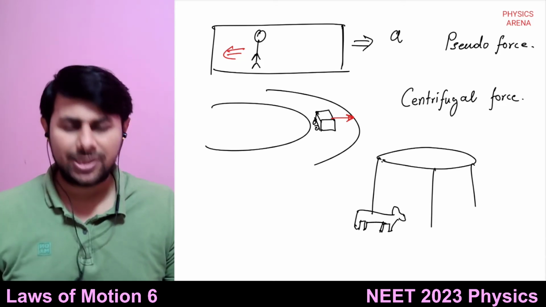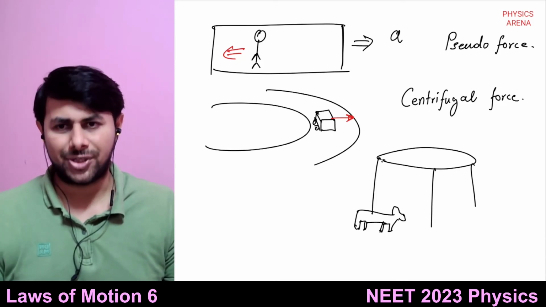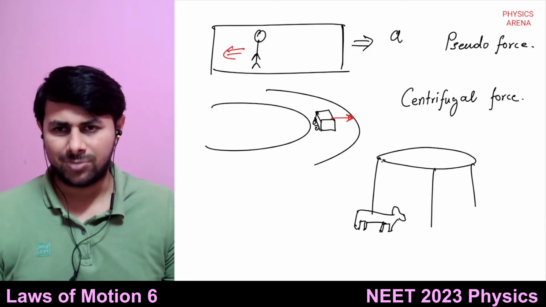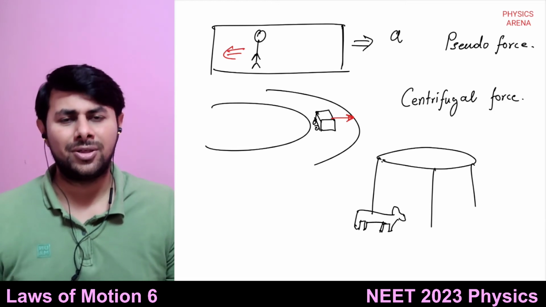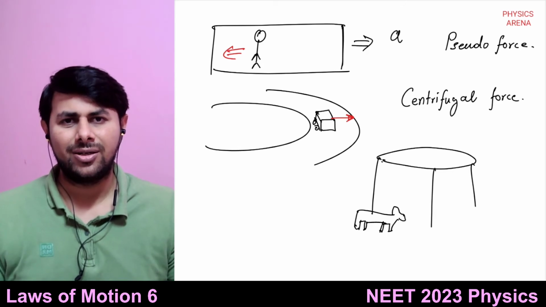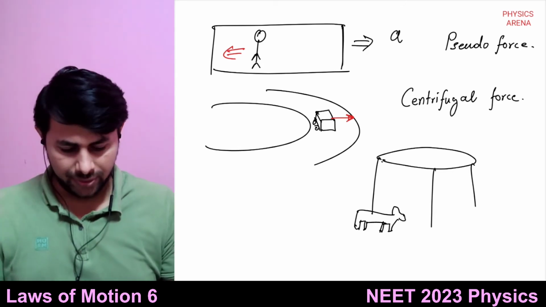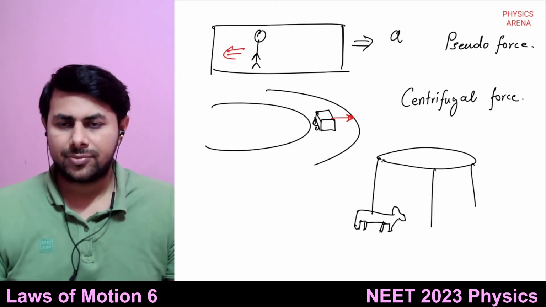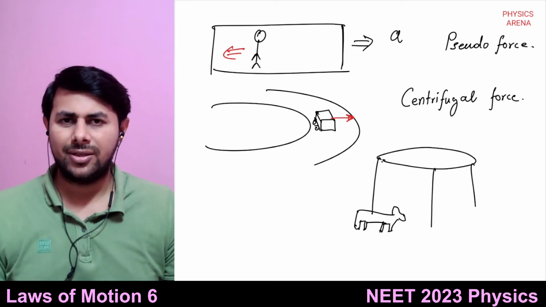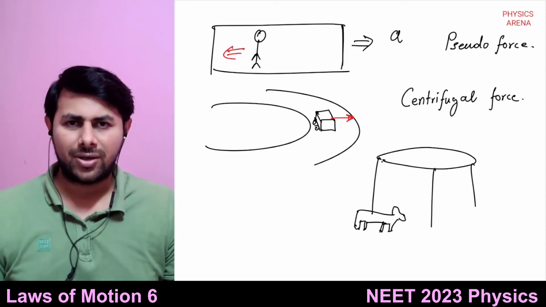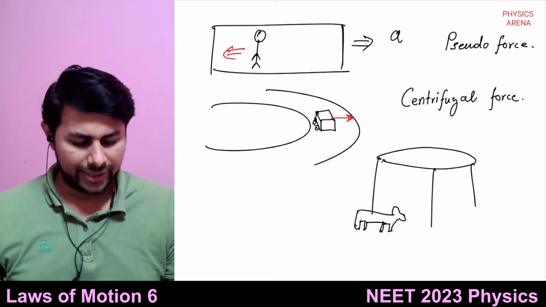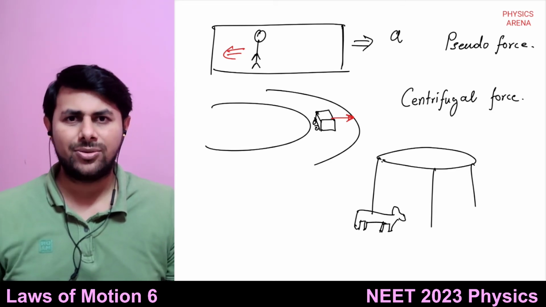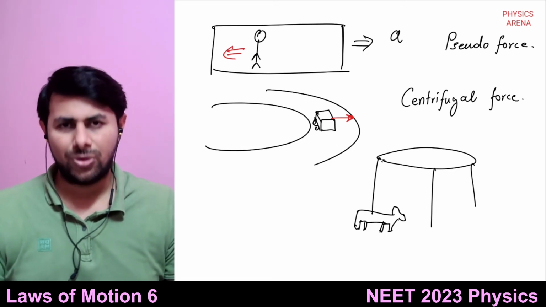All of these observers are in acceleration. This motion is accelerated motion. And Newton's laws are applicable for inertial observers. If a non-inertial observer wants to explain the motion, he has to take the help of pseudo force.